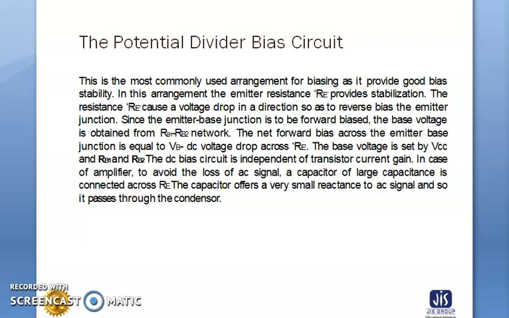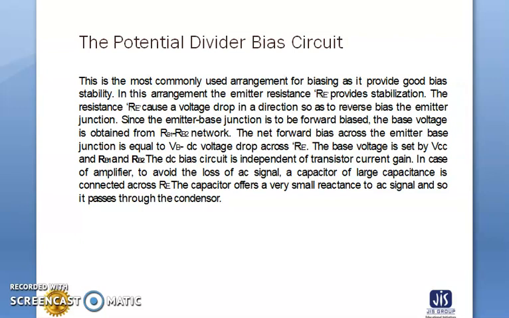Since the emitter base junction is to be forward biased, the base voltage is obtained from the RB1 RB2 network. The net forward bias across the emitter base junction is equal to the VBE DC voltage drop across RE. And the base voltage is set by VCC and RB1 and RB2.